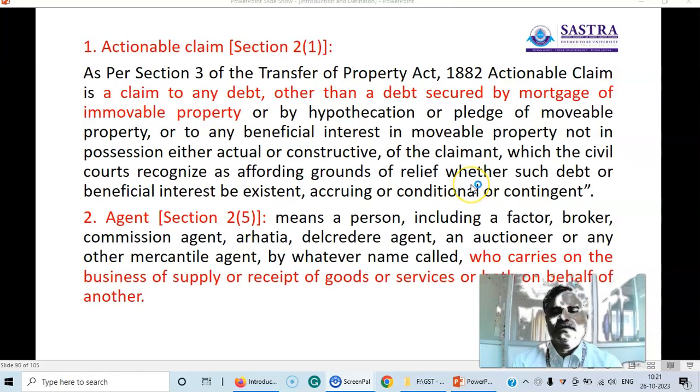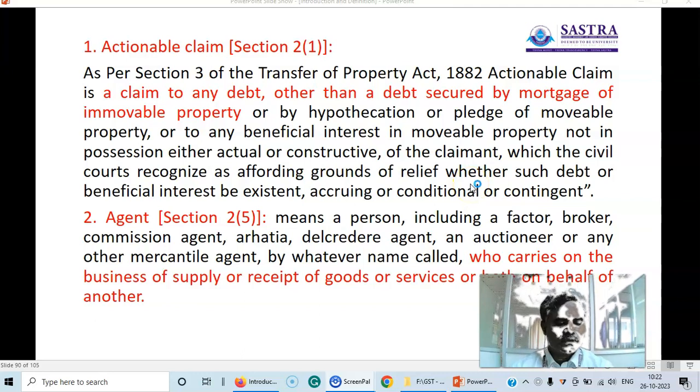The first definition is actionable claim. You got to know what is meant by actionable claim under section 2, subsection 1 of the GST Act. Basically, actionable claim is nothing but unsecured creditors.